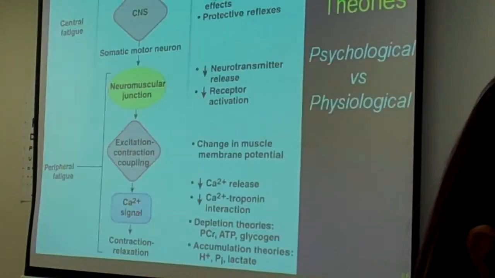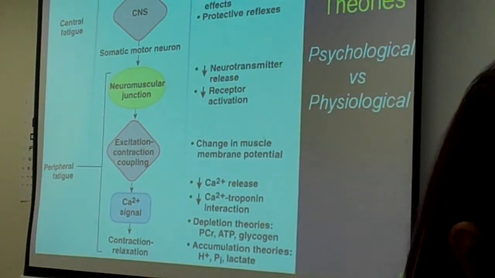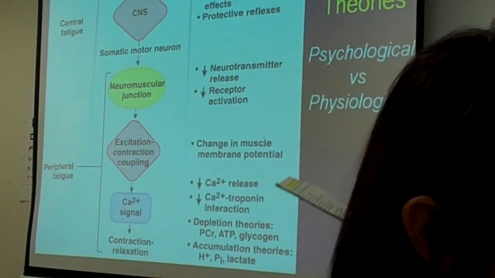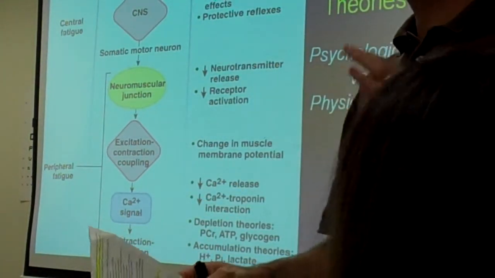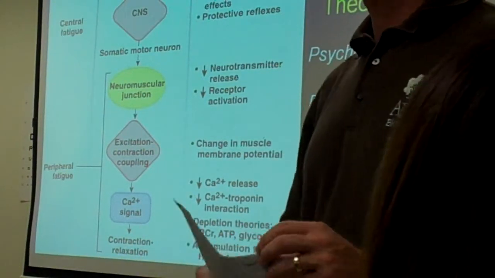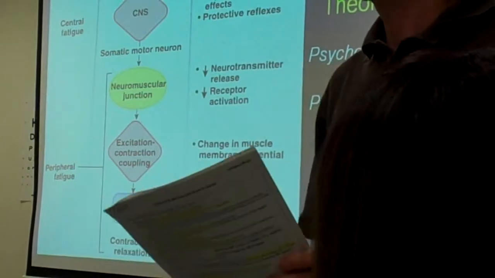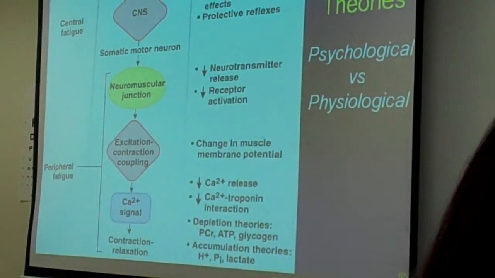Physiological fatigue. There's physiological, there's psychological. And in a nutshell, psychological is your muscle may be capable of contracting, but you just don't have the will. You're not going to try to contract the muscle. You're done. You're not going to stimulate those muscles anymore.